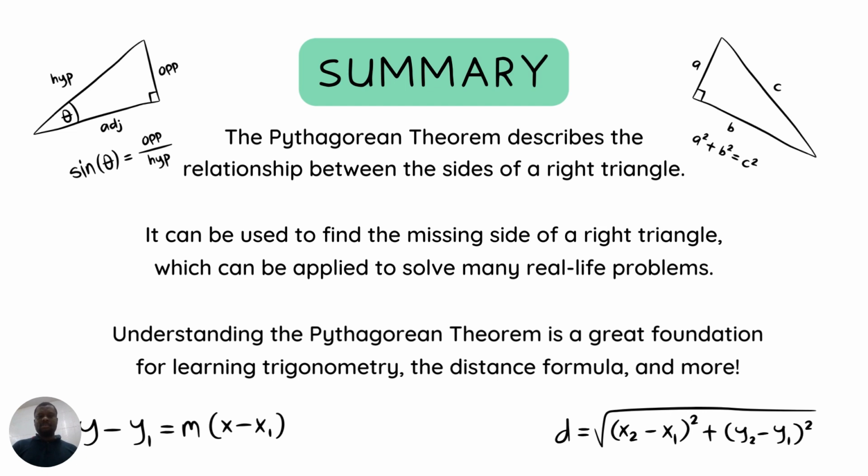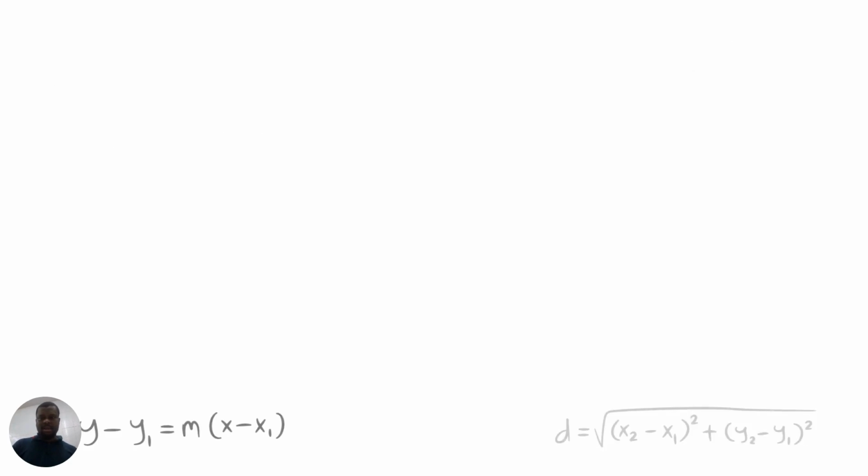It can also be used to find any of the missing sides of a right angle triangle, which can be applied to solve many of the real life problems we spoke about. Understanding the Pythagorean theorem is a great foundation for learning trigonometry. Now, the distance formula and more also depend on this theory. We'll see all of this in subsequent classes.